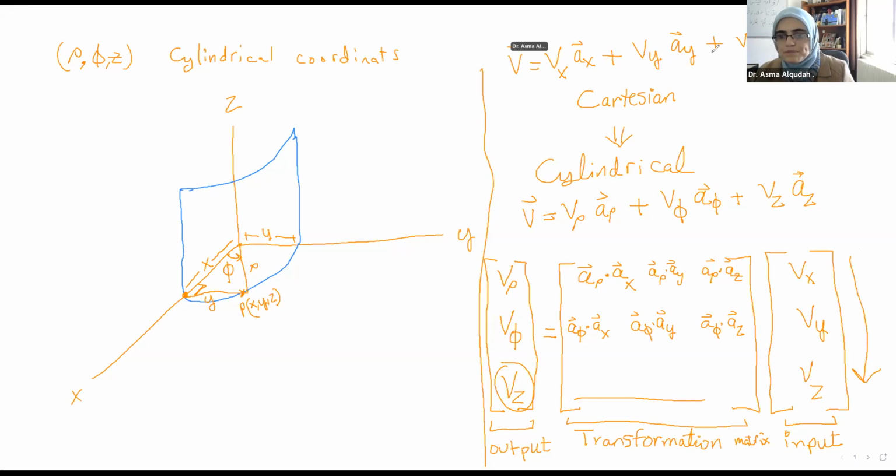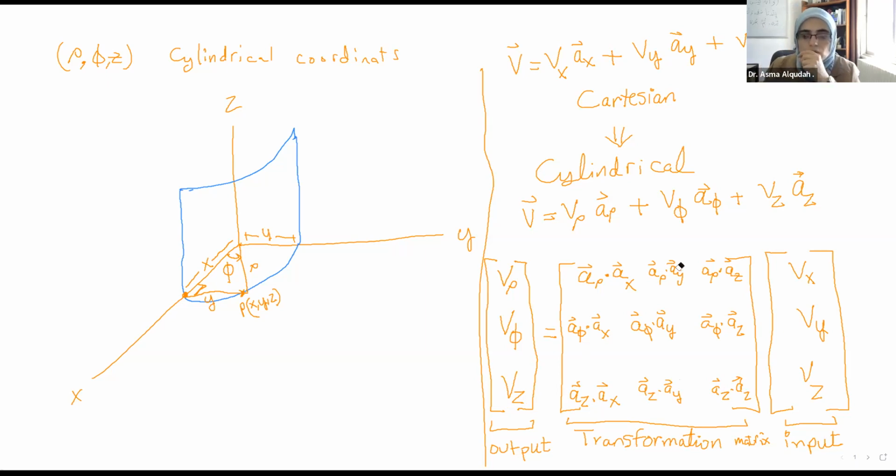So what we do here is A sub z dotted with A sub x, and then we have A sub z dotted with A sub y, and here we have A sub z dotted with A sub z. These are the basic entries of this transformation matrix.